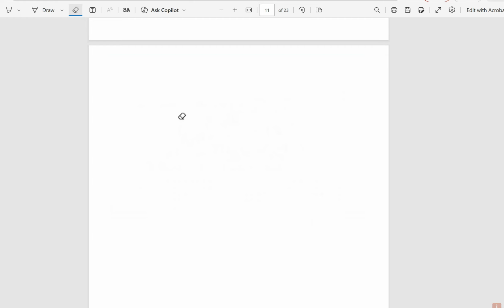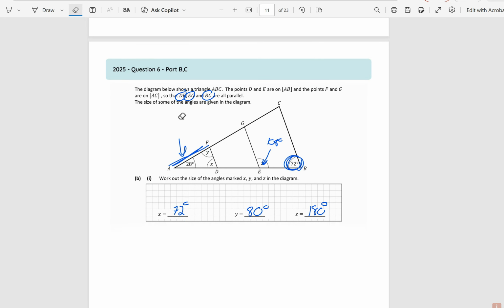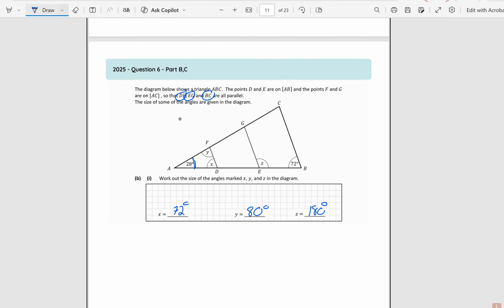They're similar because they have all the same angles. This angle here is the same for both triangles. It's the same for this one and the big one. This x here is the same as this, and this y here is the same as this.